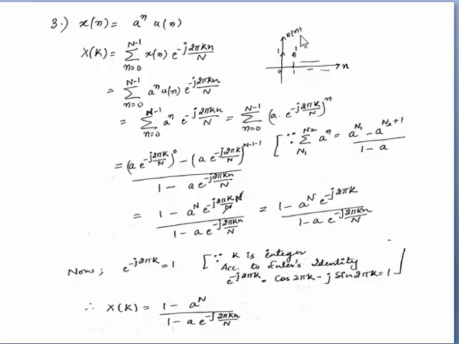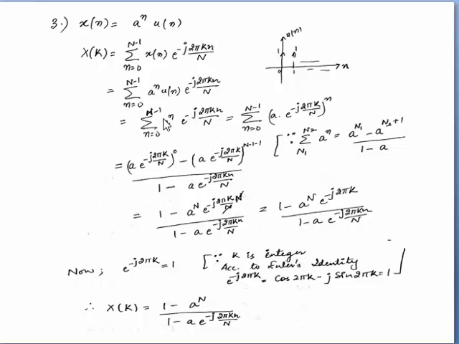So u of n is equal to 1 here for n from 0 to N minus 1, because this summation is bounded from 0 to N minus 1. So the summation is over n equal to 0 to N minus 1 a raised to power n e raised to power minus j 2 pi k n over N.